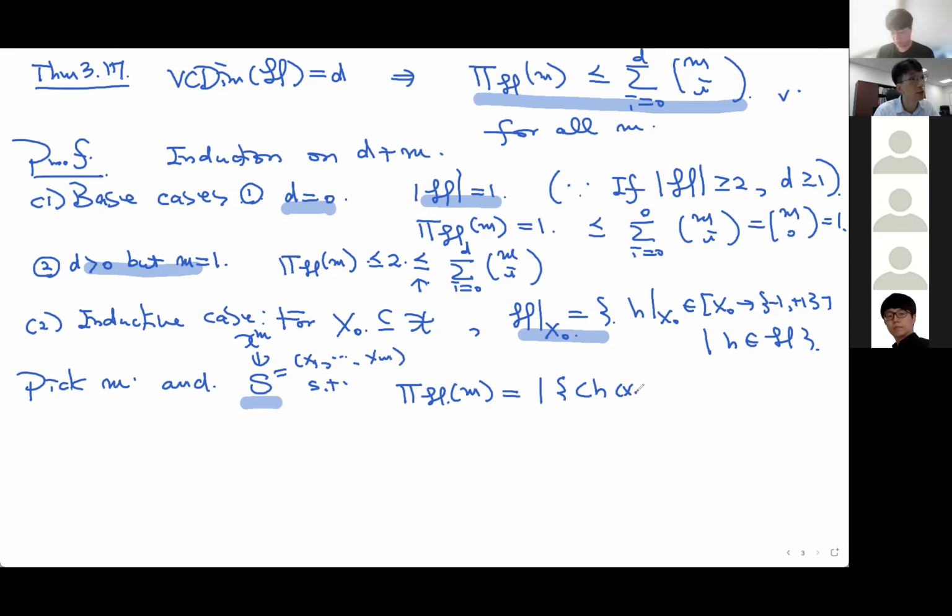So because it's a maximum, it's defined this way.